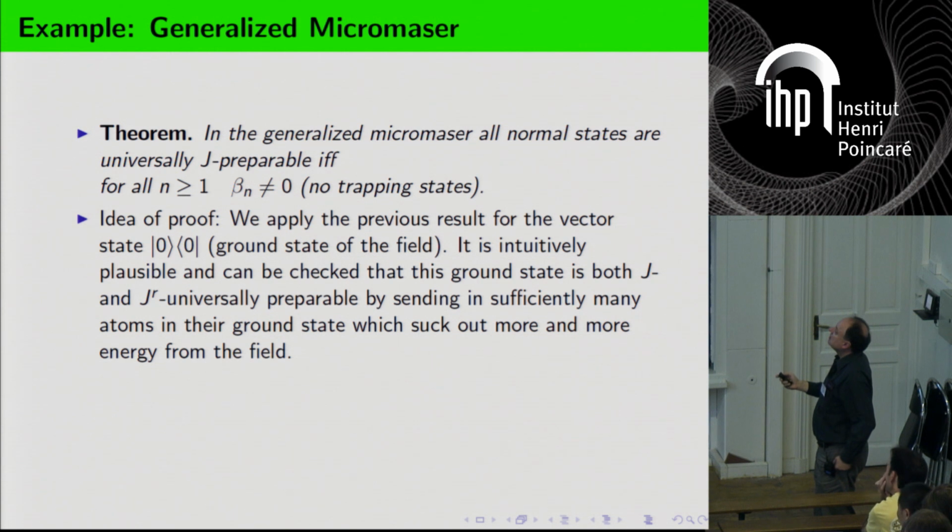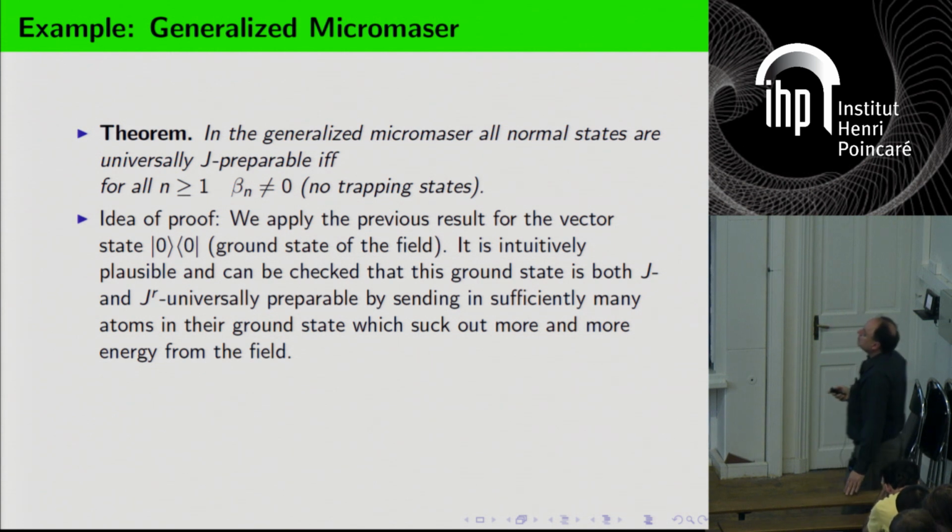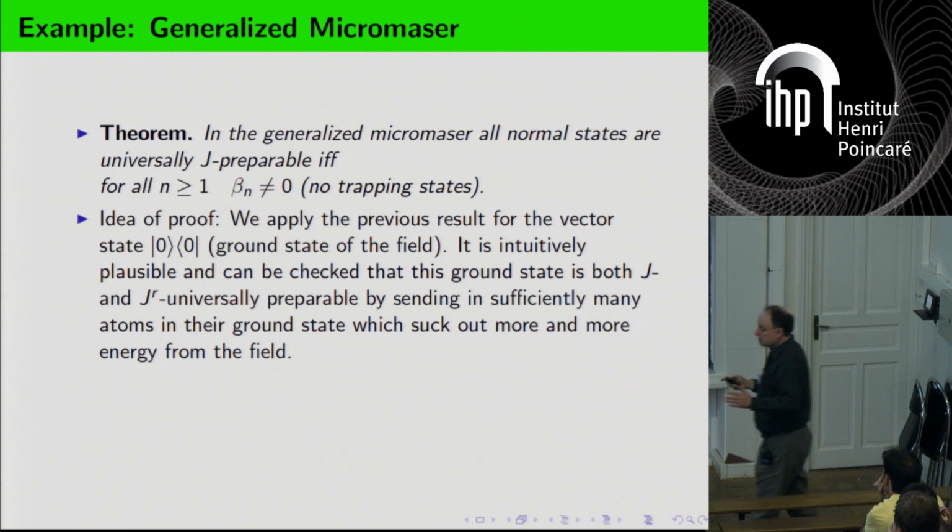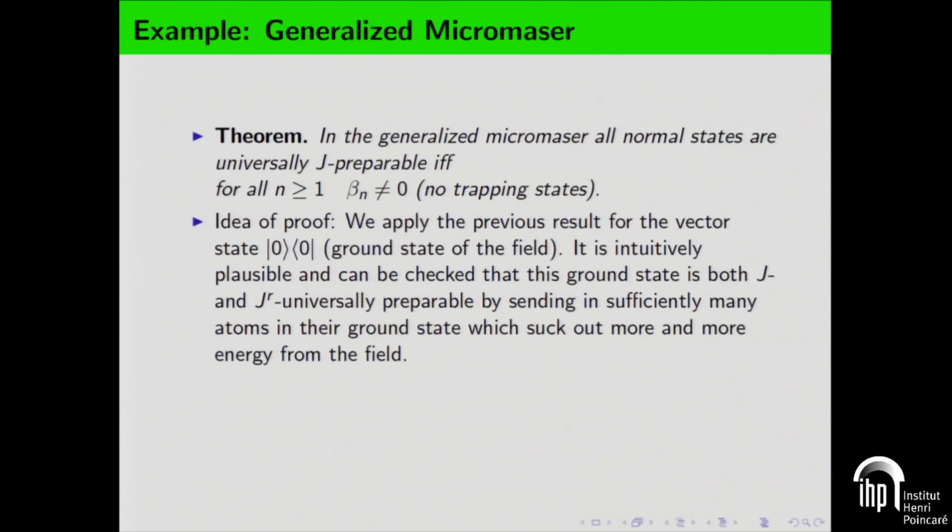And the idea of proof is that we can apply the previous result for the ground state of the field, 0. Remember what we need, that it's both J and JR universally preparable.